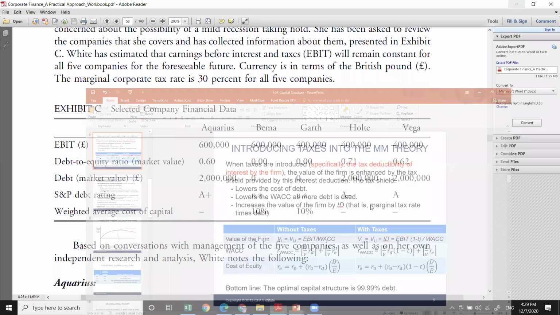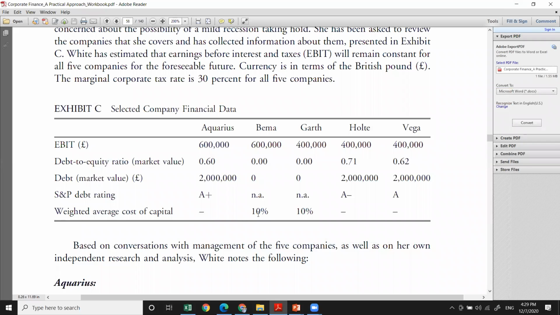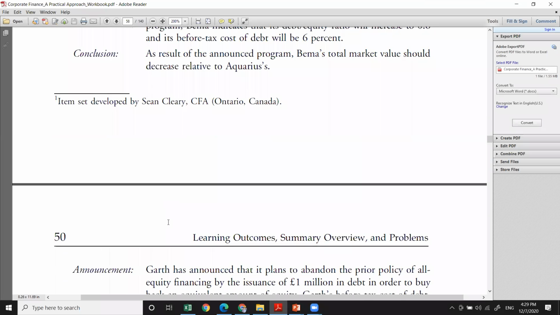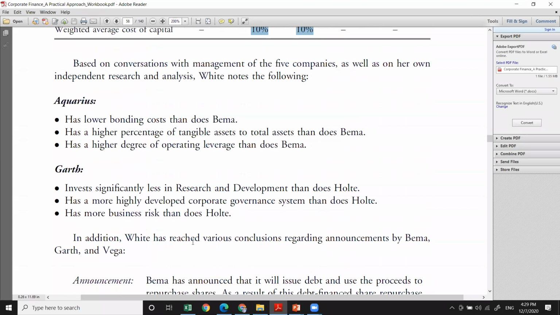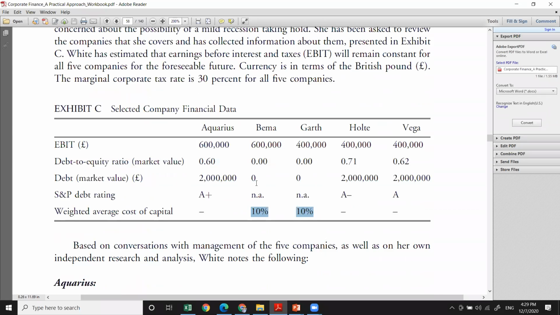This is very important. As you can see, a 10% WACC is calculated for BEMA and GARP because they have their cost of equity, but the others need to be estimated. It's a very good question, by the way. I may ask you to find the weighted average cost of capital for a company which is fully equity financed.